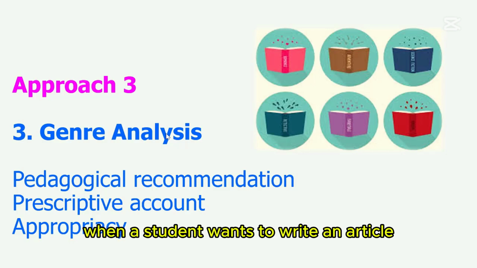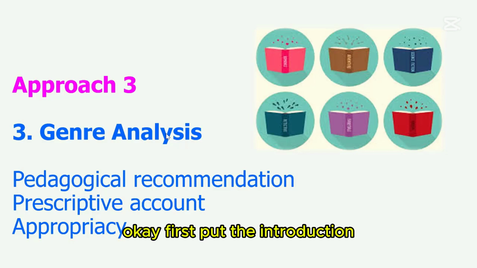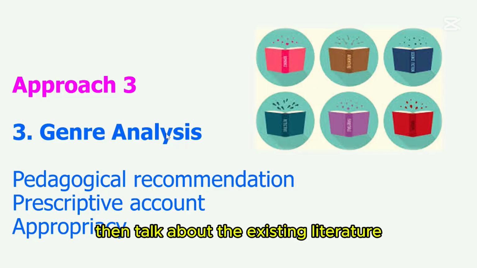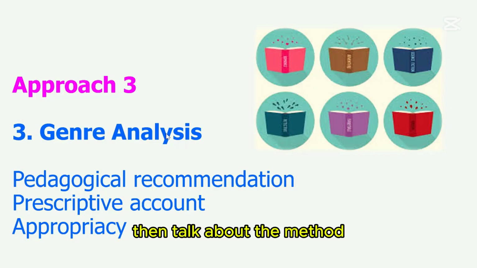For example, when a student wants to write an article, we tell that student, okay, first put the introduction, then talk about the existing literature, then talk about the method, then talk about the results, and then provide the conclusion. Finally, put the references. So this is prescriptive account.